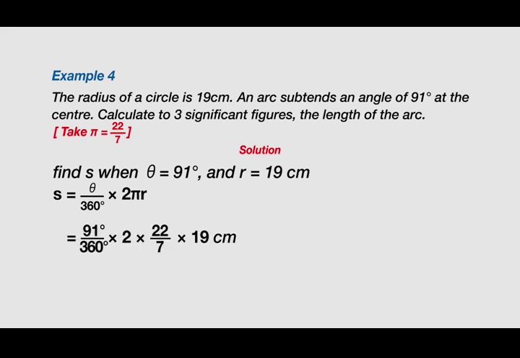And you get 91 over 360 times 2 times pi, but your pi should be 22 over 7, times r, which is 19. Now, when you write this, you can cancel whatever things you want to cancel and write your answer in the simplest form. So that gives us 91 times 2 times 22 times 19, all divided by 360 times 7.